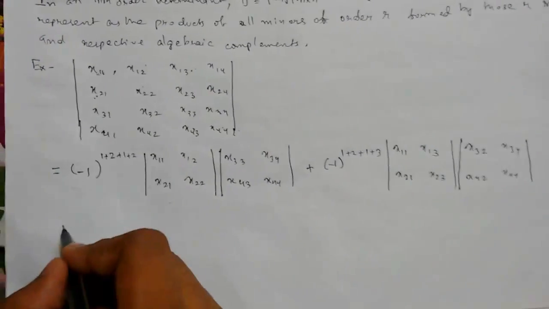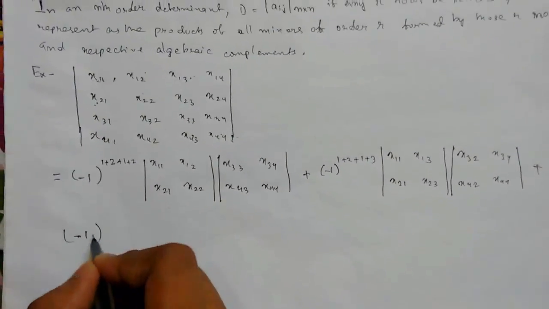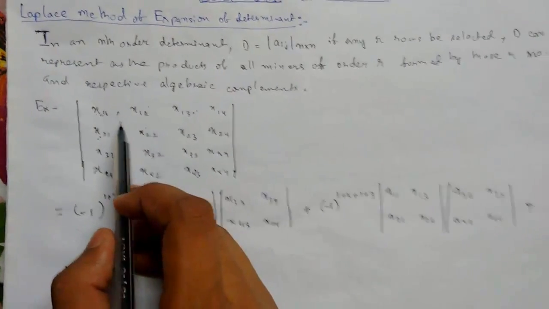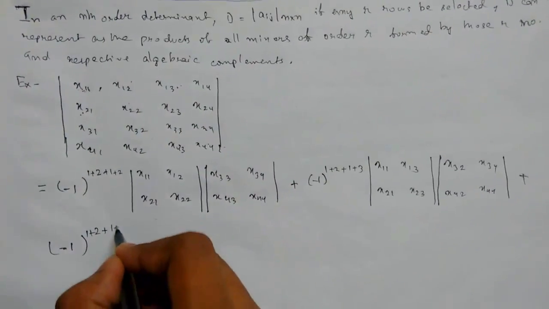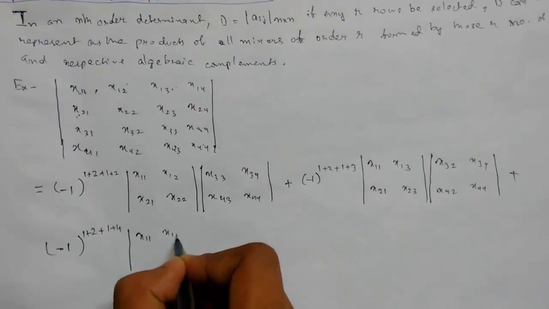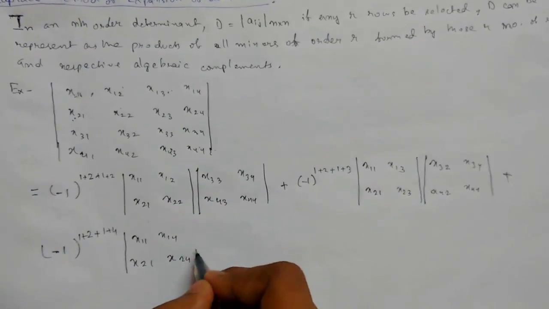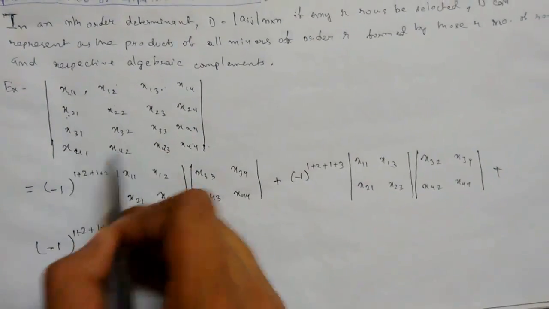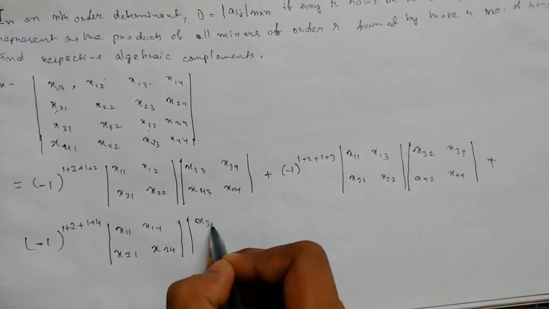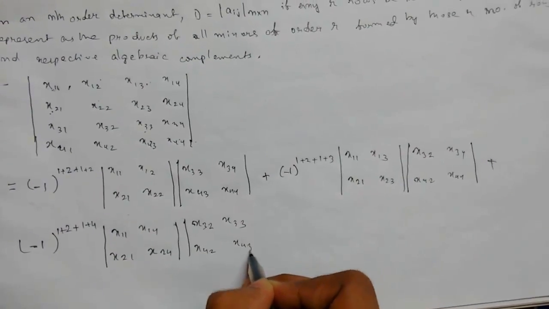Now similarly, this will take a lot of space. So now plus, this will be minus 1 whole to the power. Our rows are fixed, so now we'll take the columns. For this and this, this will be 1 plus 4. Now this will be x11, x14, x21, x24. Now see, if we eliminate these two, we will be left with x32, x33, x42, x43.